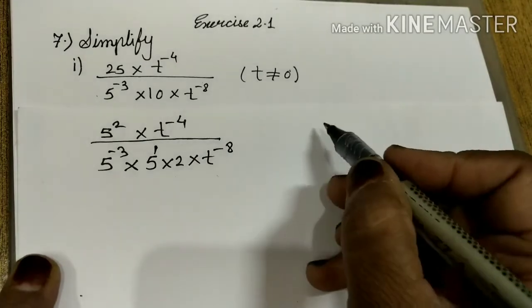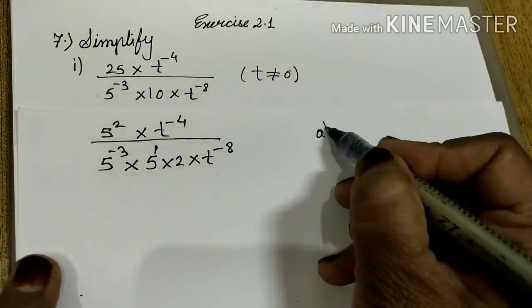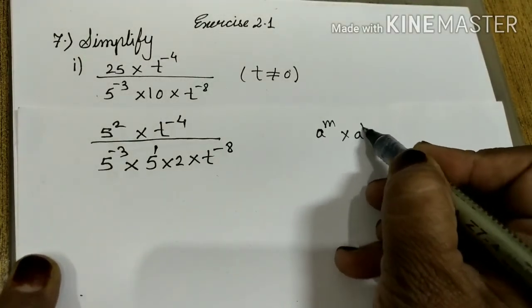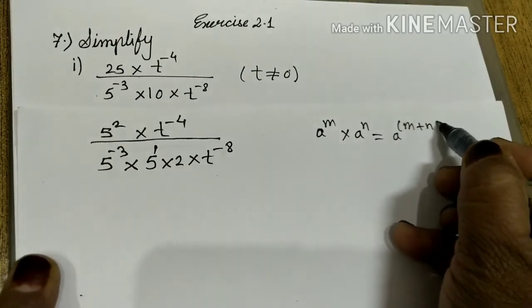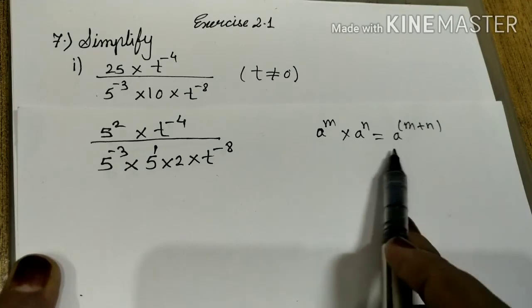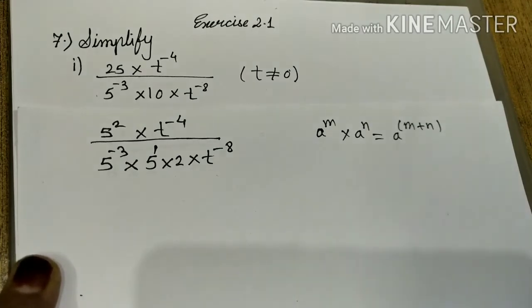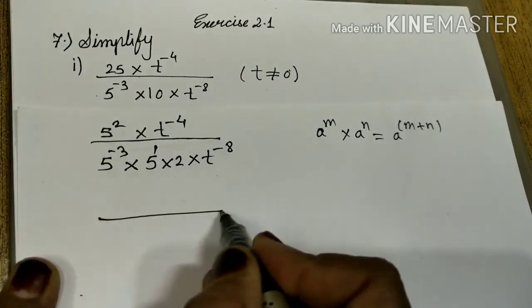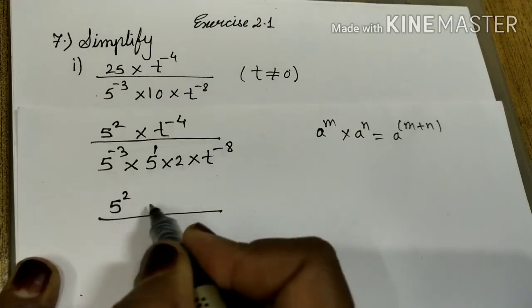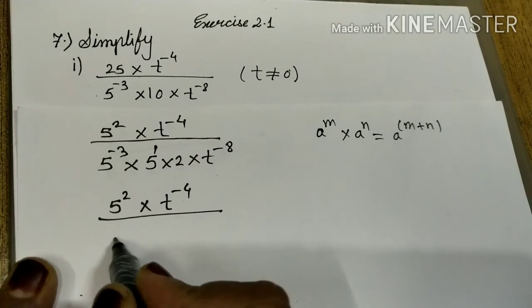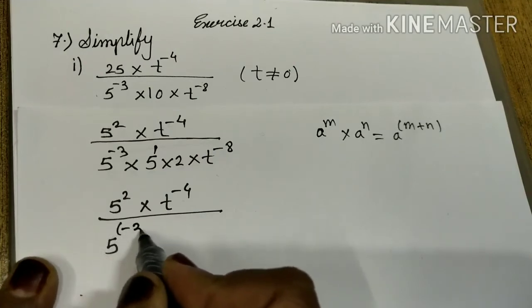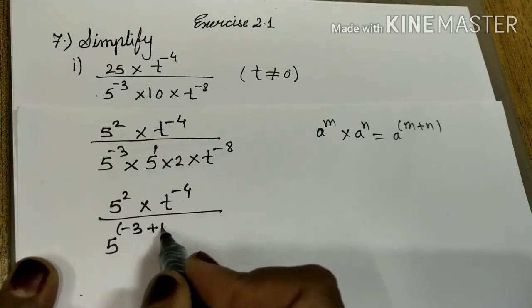So here we have to use this law, a raised to m into a raised to n is equal to a raised to m plus n. If bases are equal, multiplication means we have to add the power. Therefore, 5 raised to 2 into t raised to minus 4 divided by 5 raised to minus 3 plus 1.